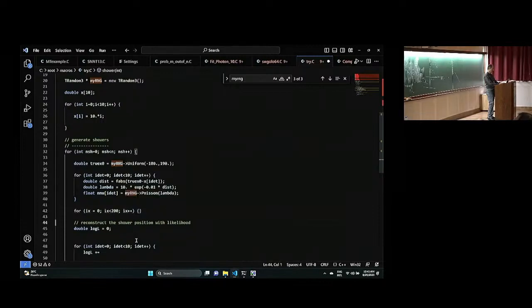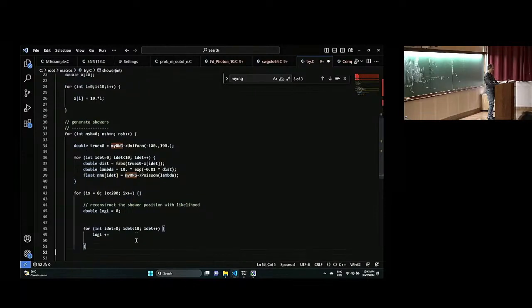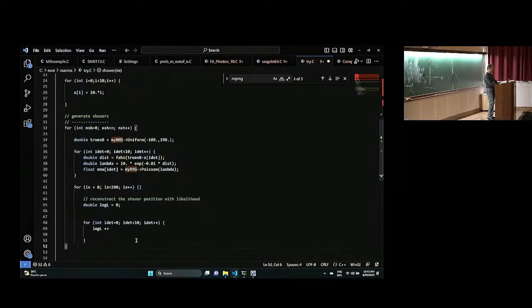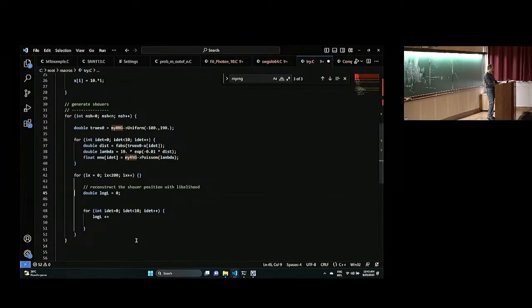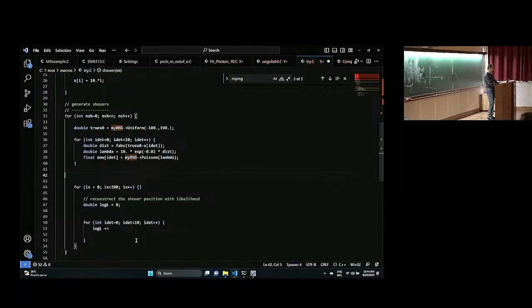And inside here, we compute the likelihood. And then maybe at home, you can do the rest of the exercise, which involves computing the derivative properly instead of doing the simple histogram we are doing now. So we can generate a TH1D, for instance, log L profile.